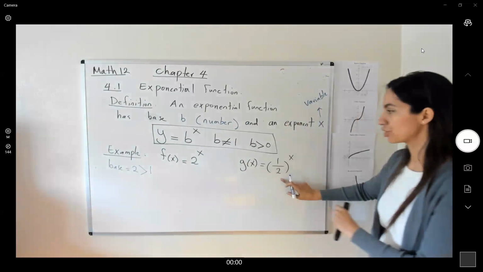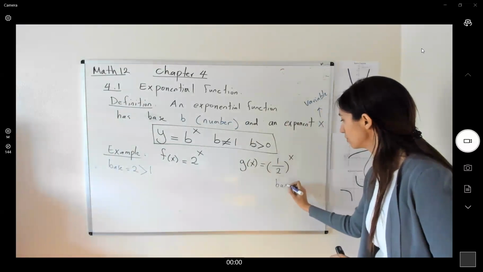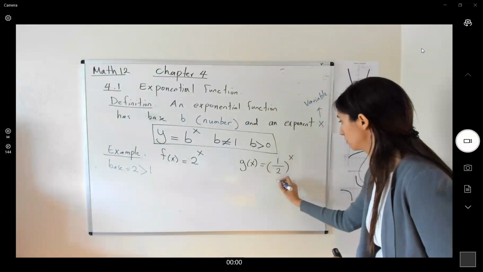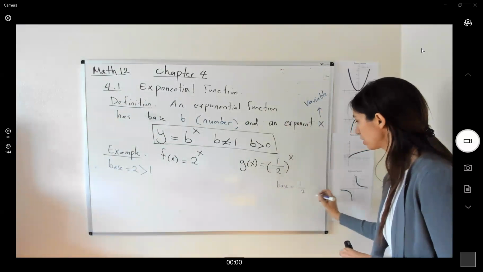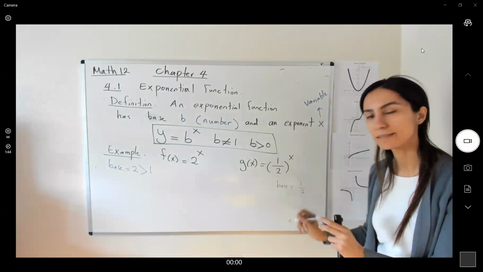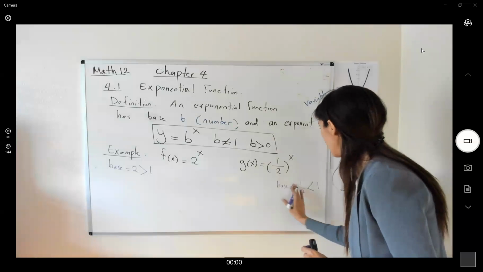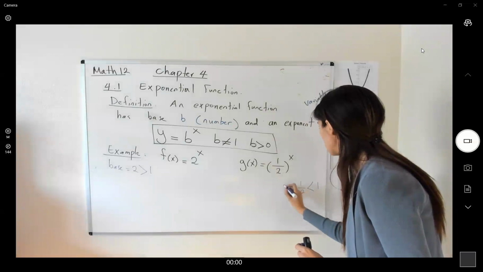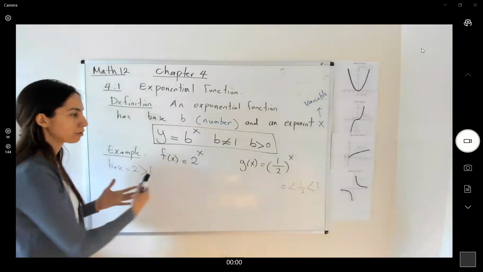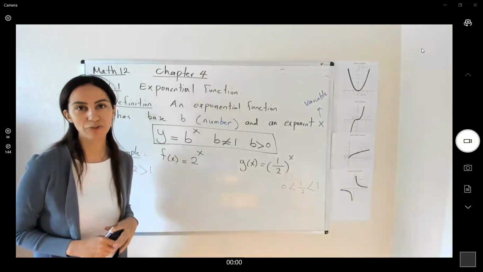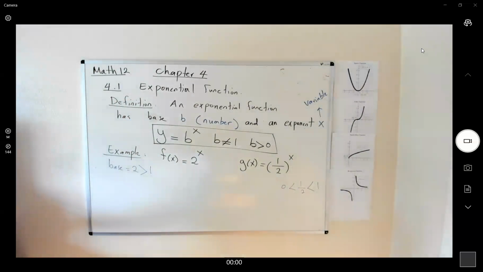For function g, your base is equal to a half, which is between 0 and 1. So what is our goal? Our goal is to graph these two functions and analyze their behaviors.